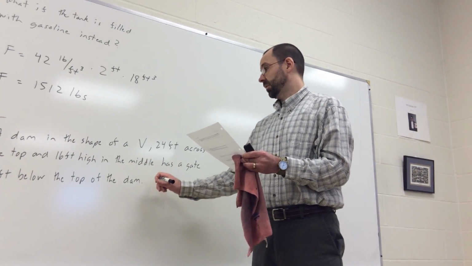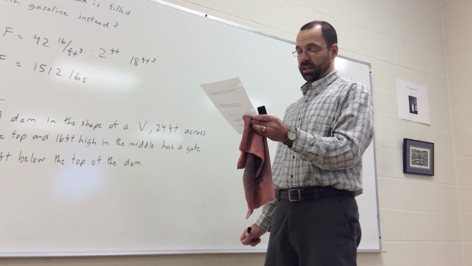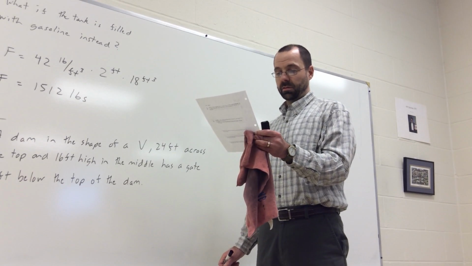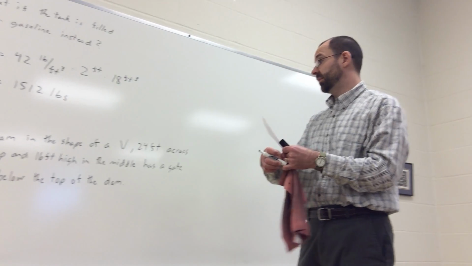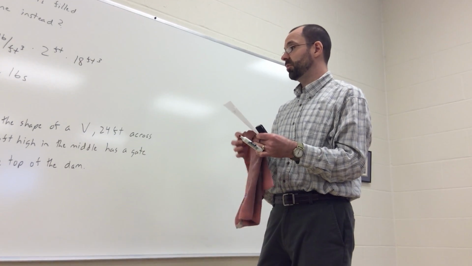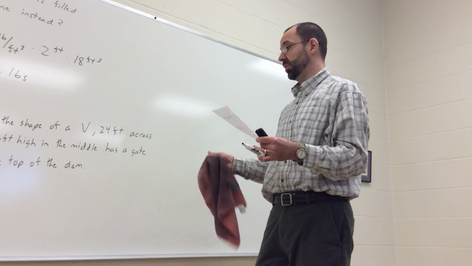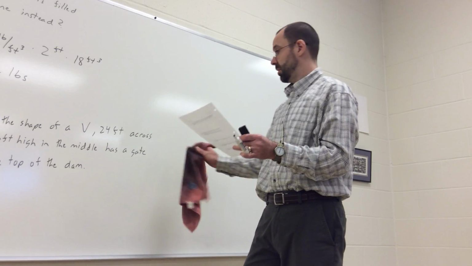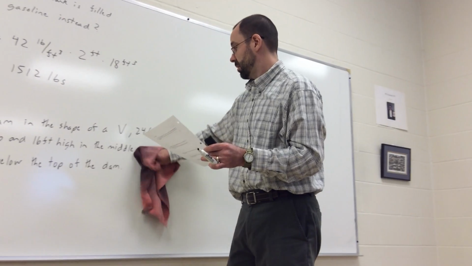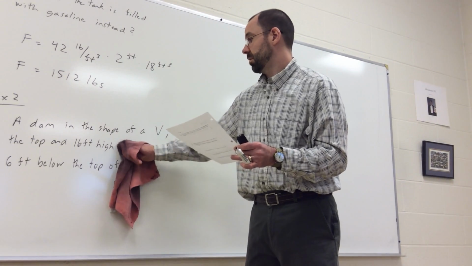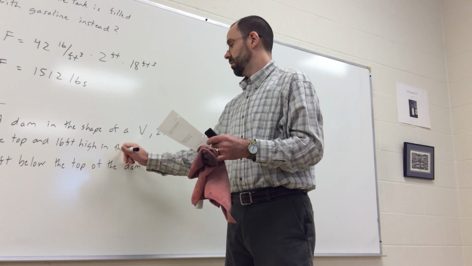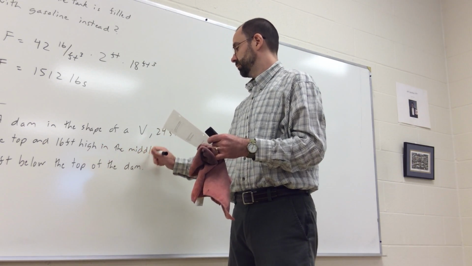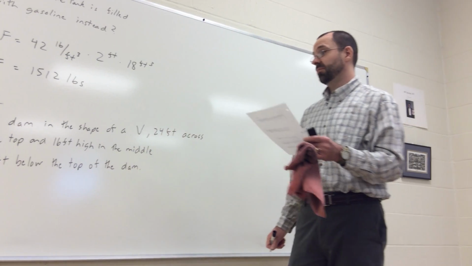So we're going to, and the gate is, oh, I'm sorry, this problem does not have a gate. Let's see. A dam in the shape of a V, 24 feet across the top and 16 feet in the middle. 24 feet across the top, 16 feet high in the middle.